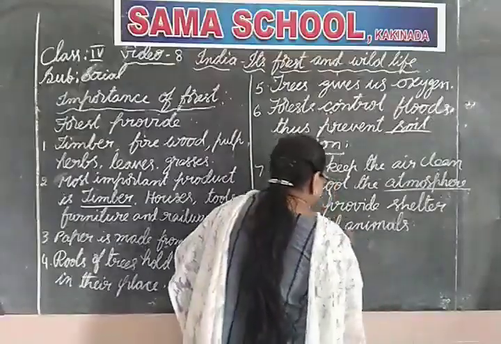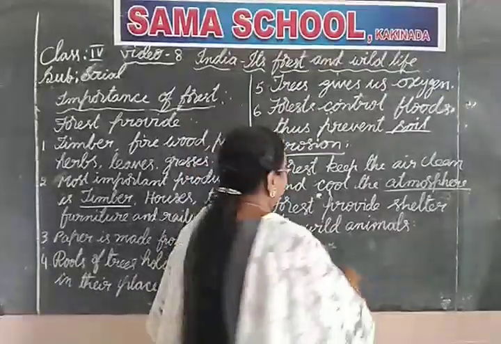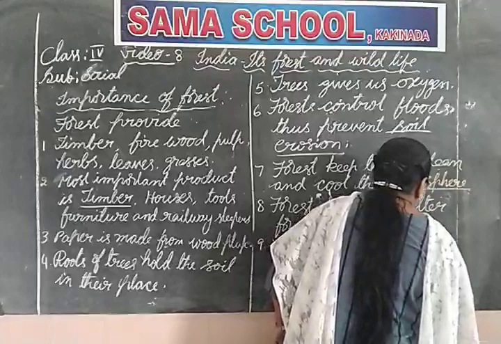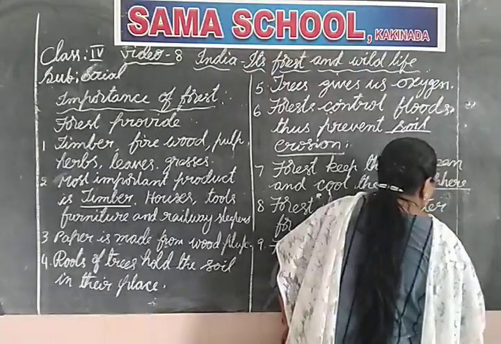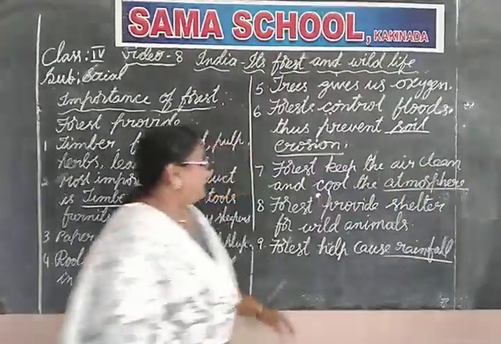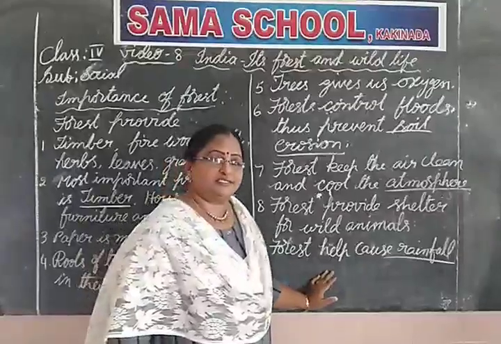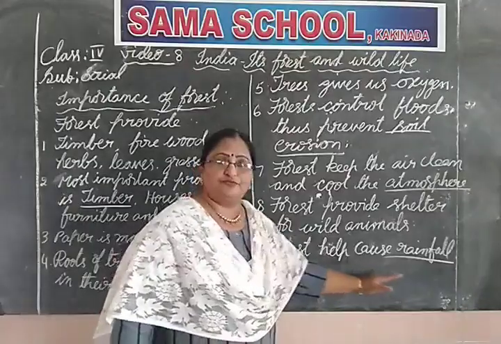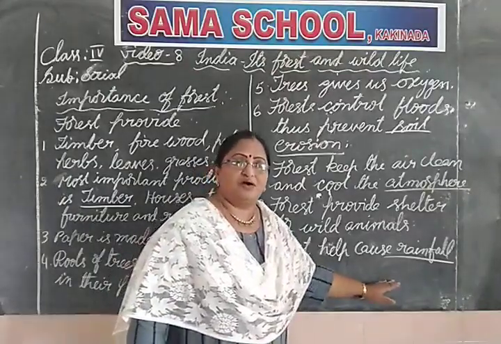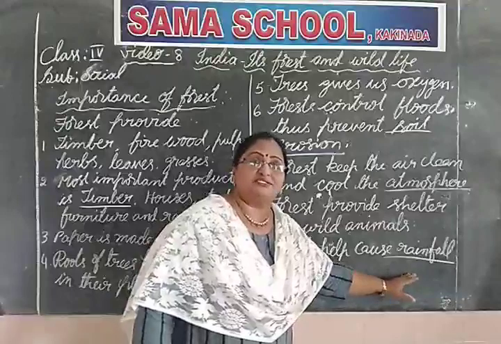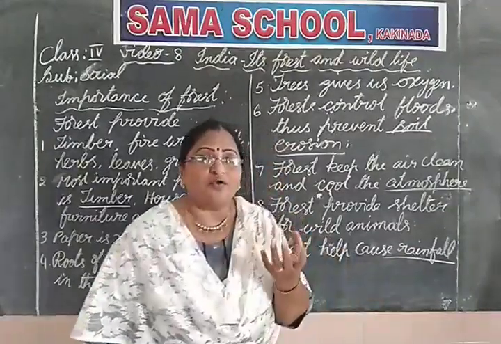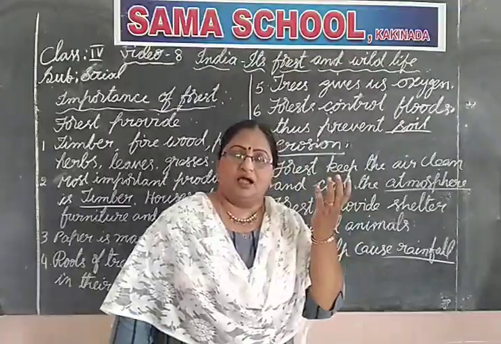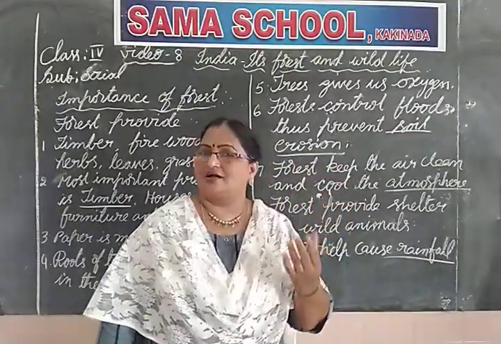And these forests help cause rainfall. See how this forest causes rainfall, children? Because of the forest, rain falls? Yes, because these trees release a lot of water vapor into the air, which forms the clouds.